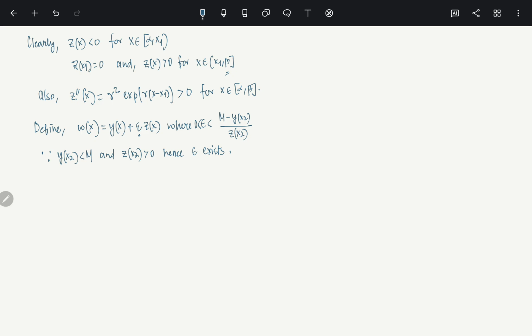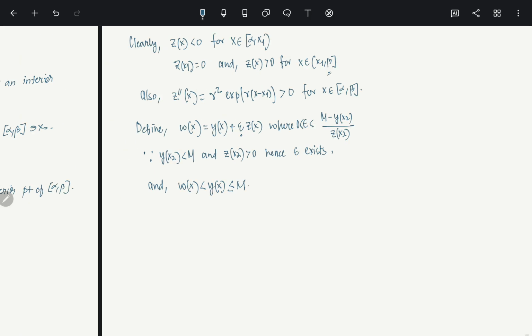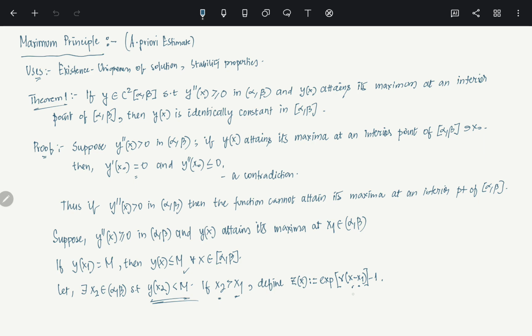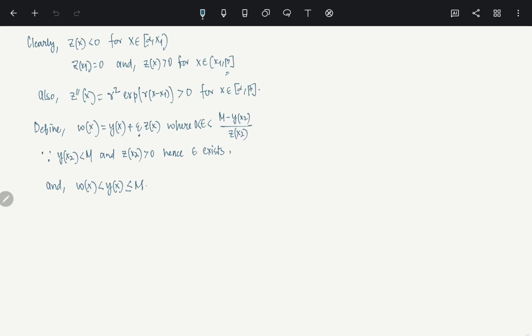Clear? Okay, and we also have that w of x is less than y of x, and which is less than or equal to m, for x in closed alpha x1.